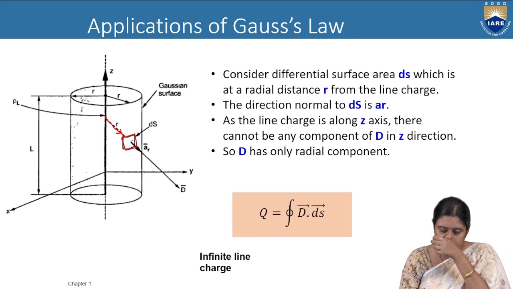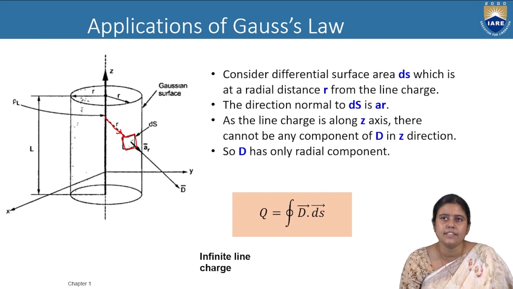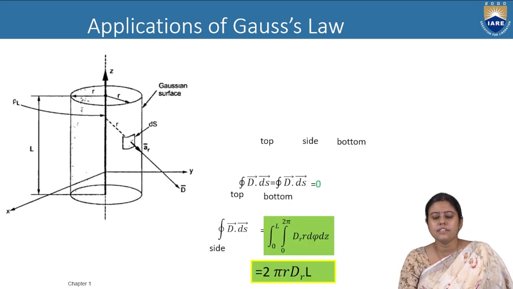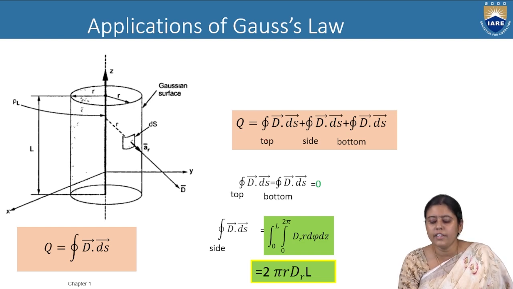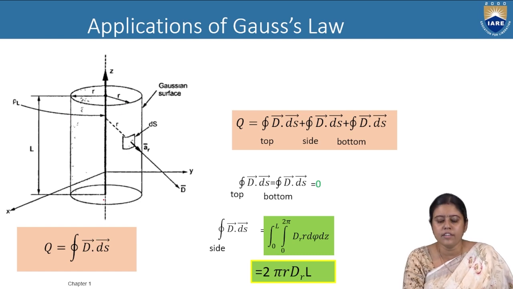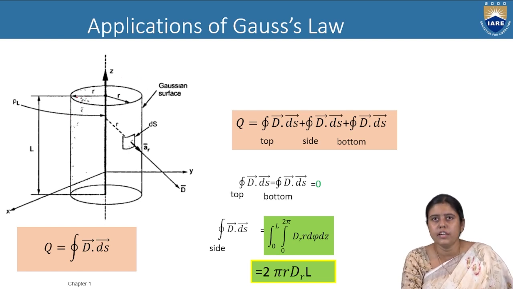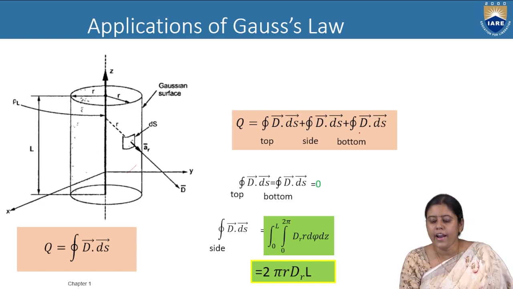From Gauss law we already got Q is equal to the surface integral of D dot dS. When we integrate D dot dS, we first integrate over the top, then the side, and then the bottom.